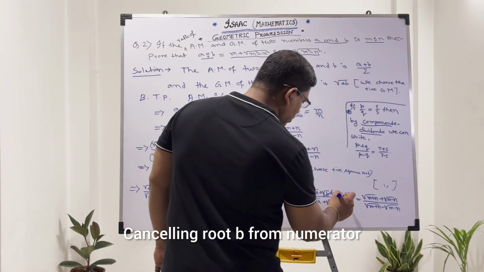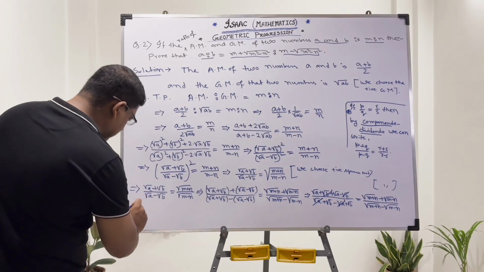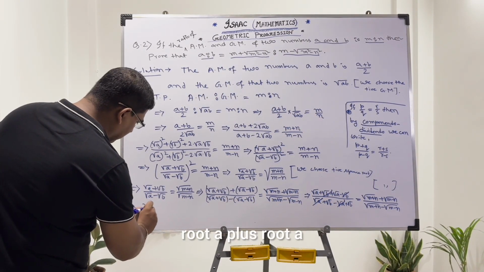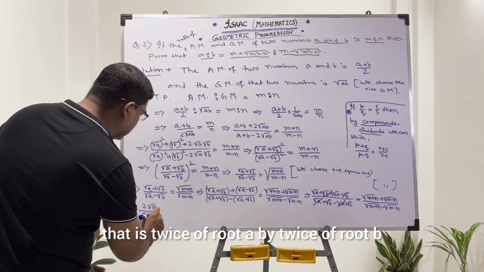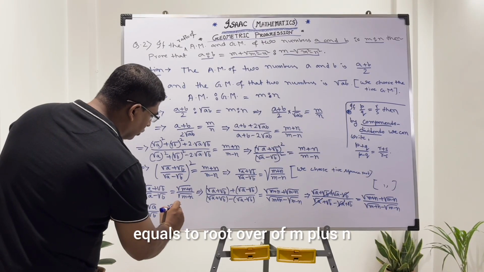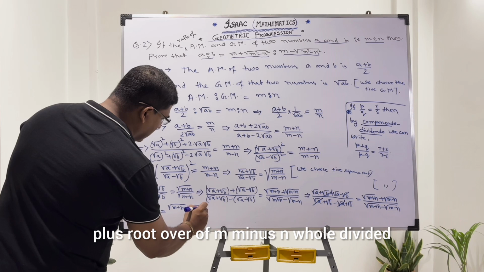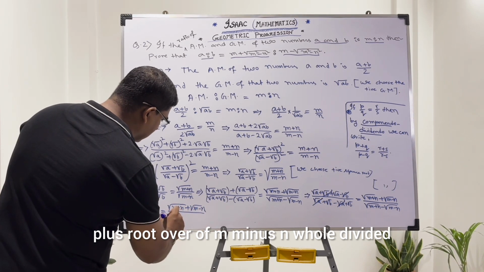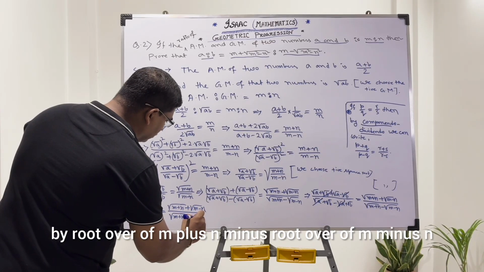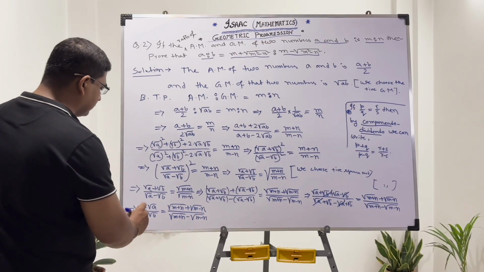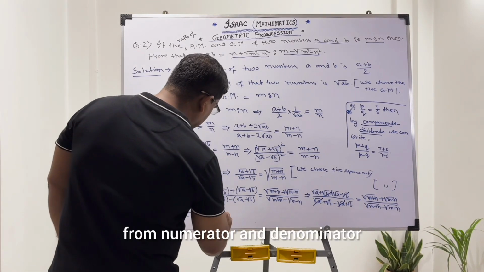Cancelling root b from numerator and root a from denominator, we get root a plus root a, that is twice root a, by twice root b equals the same right-hand side. We can cancel this 2 from numerator and denominator.